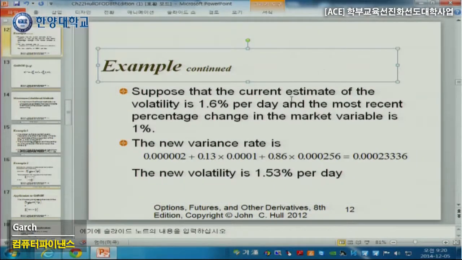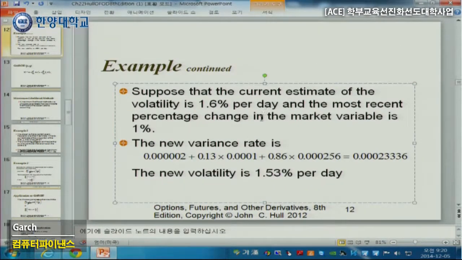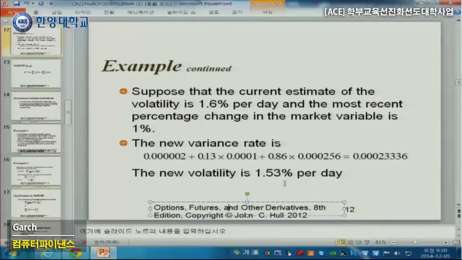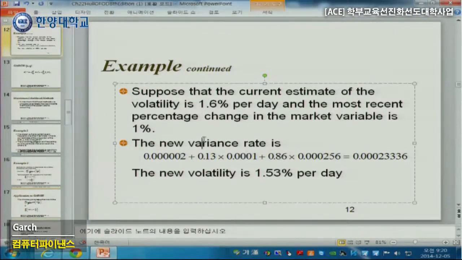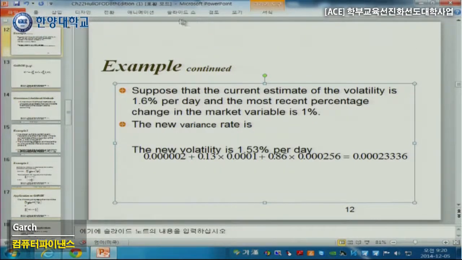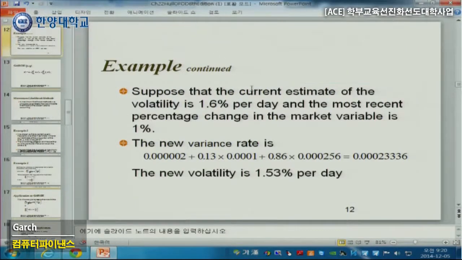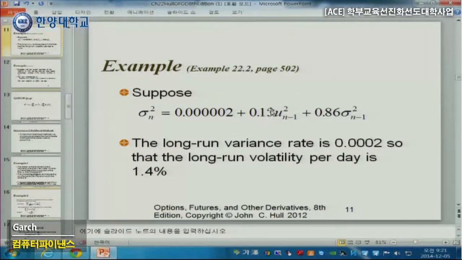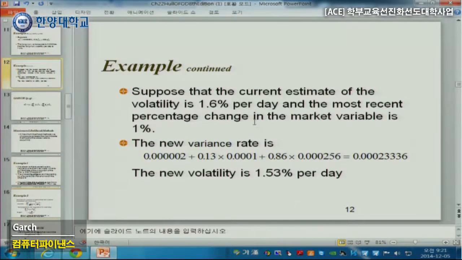Suppose that the current estimate of the volatility is 1.6% per day, and the most recent percentage change in the market variable is 1%. Then it is 0.000002 plus our first coefficient 0.13, multiplied by the square of the most recent stock return.